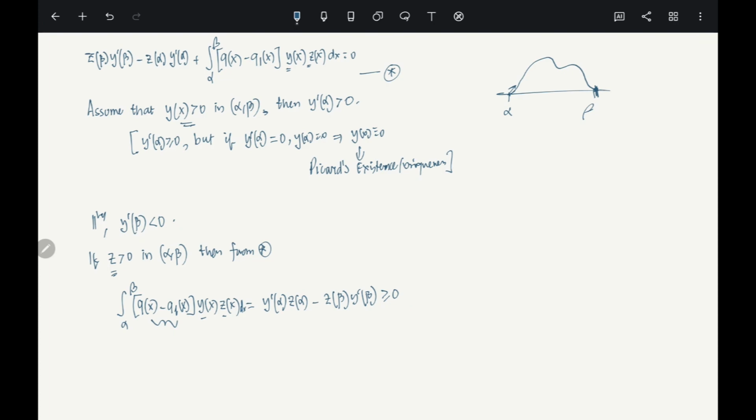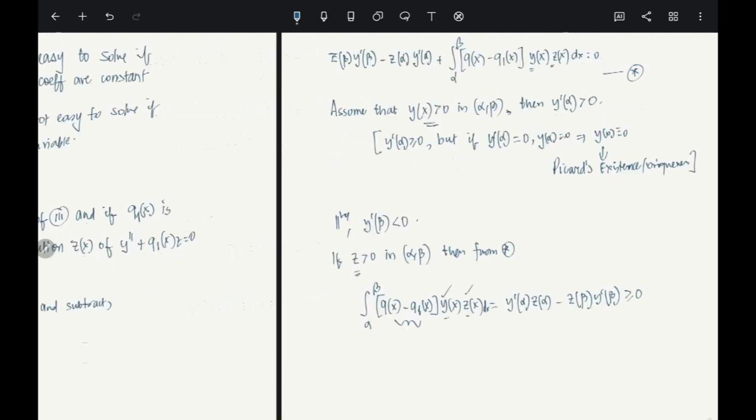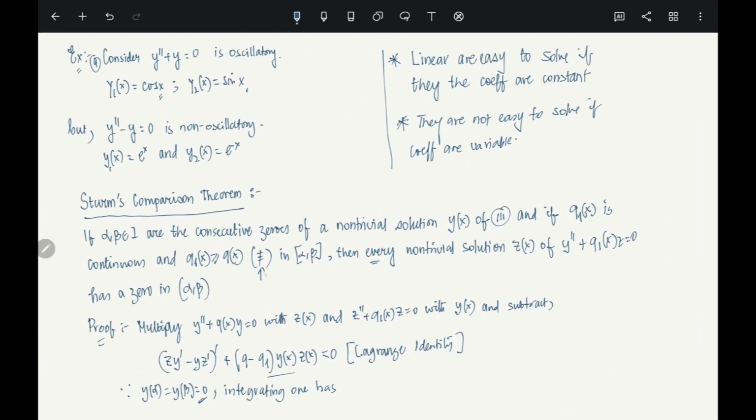So this cannot happen unless, see, y and z are non-trivial. So unless q is identically equal to q1. Okay, but that is also not the case, because we said that they are not identically equal.